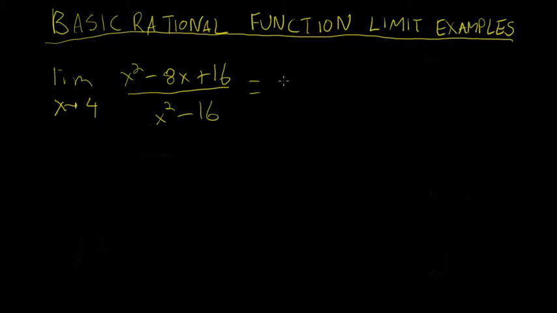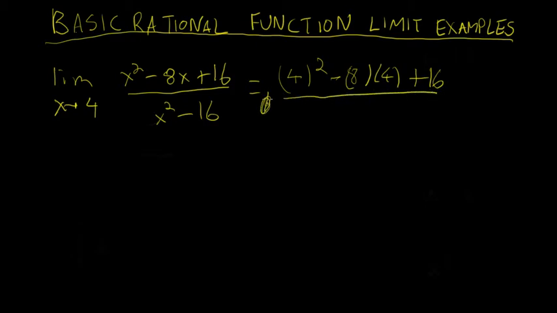Well, if x gets close to 4, x squared is going to get close to 4 squared. 8x is going to get close to 8 times 4. And 16 is going to get close to 16, right? Because it's independent of x.